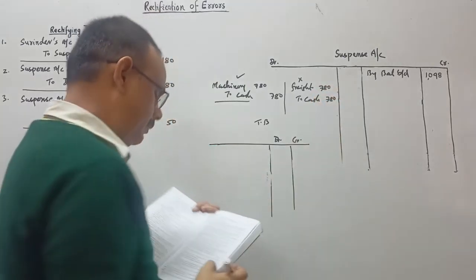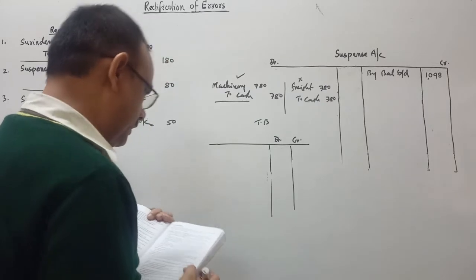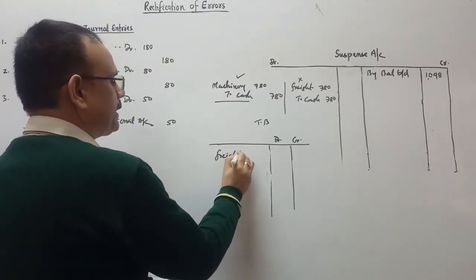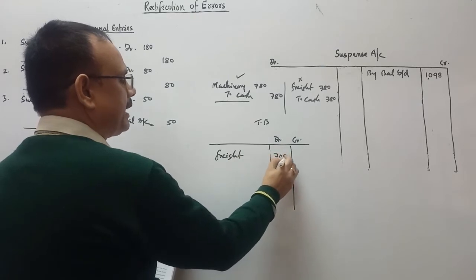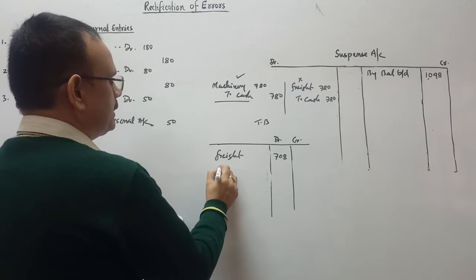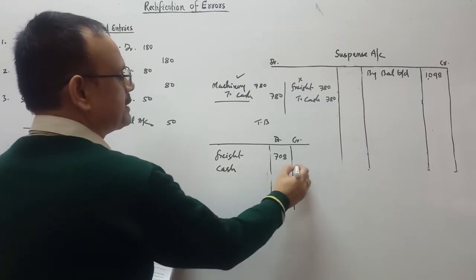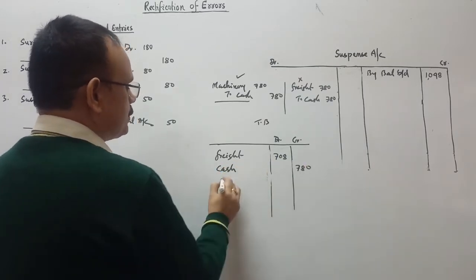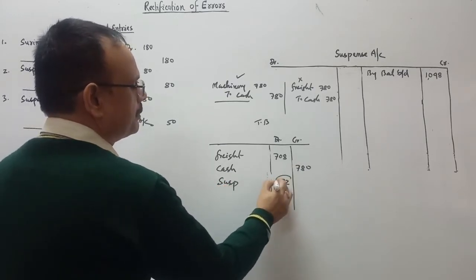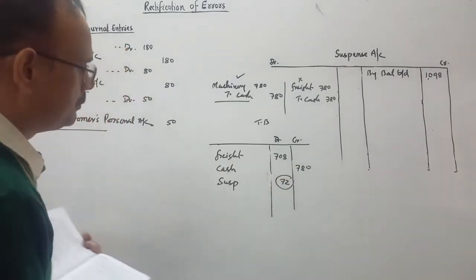And when he did the posting, he debited the freight account 708 instead of 780. There is no mistake in cash, it is 780. So the suspense account will be opened with 72.